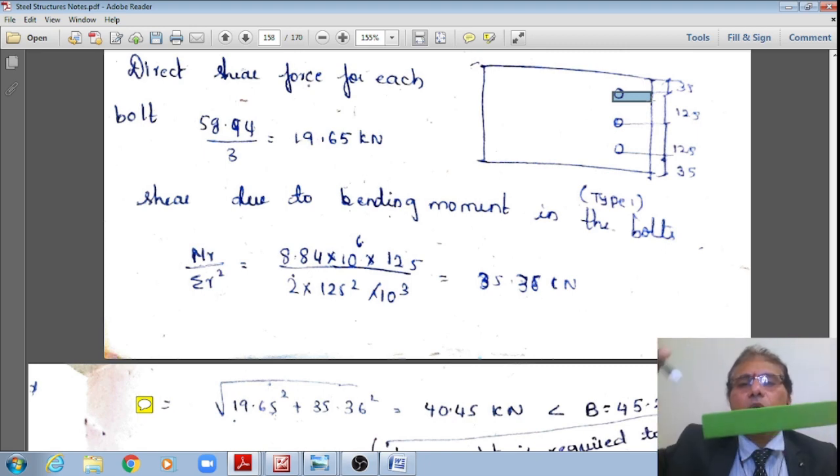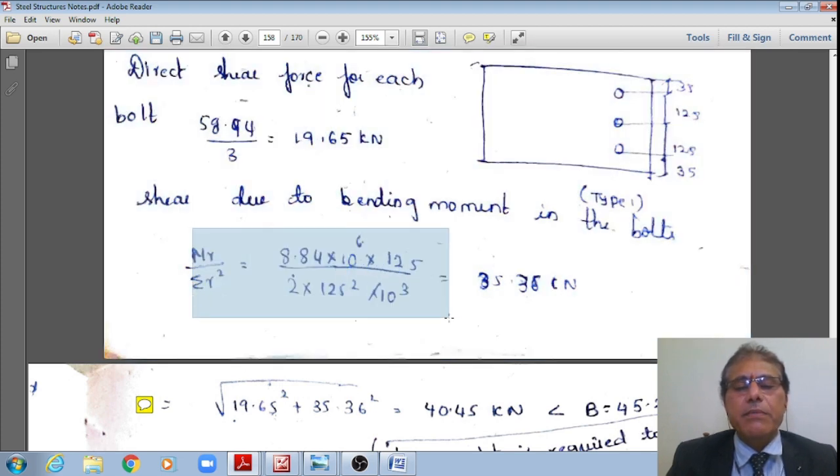This extreme bolt is under a shear of 19.65 kN due to vertical shear, as well as horizontal shear due to bending, which is given by Mr divided by sigma r square. Numerically, that is equal to 8.84 times 10 to the power 6, multiplied by the extreme bolt distance of 125, divided by 2 multiplied by 125 whole square, as 2 bolts are there, r1 at the top and r2 at the bottom, divided by 10 to the power 3.